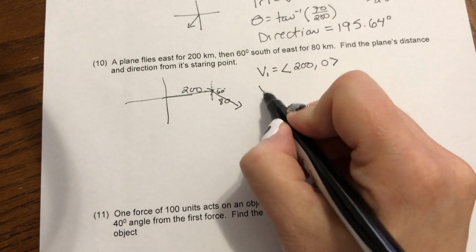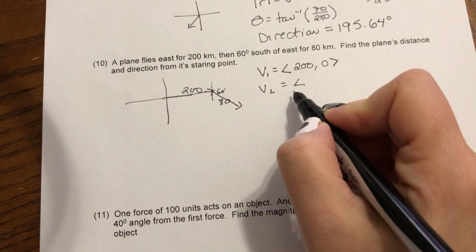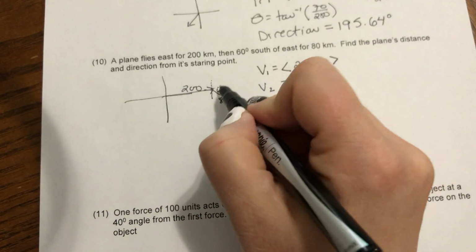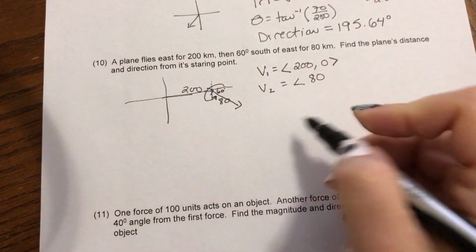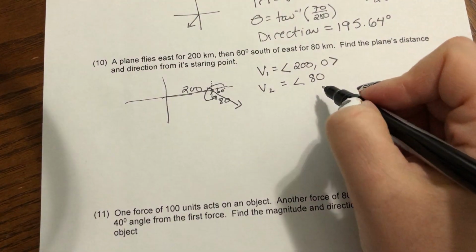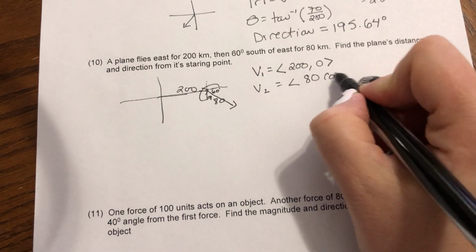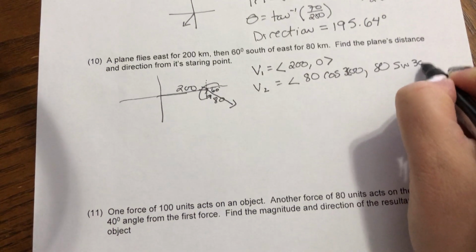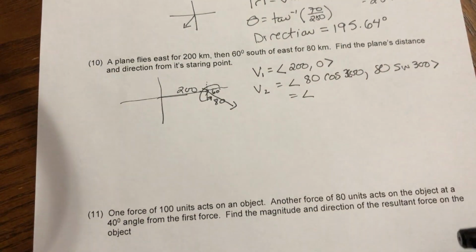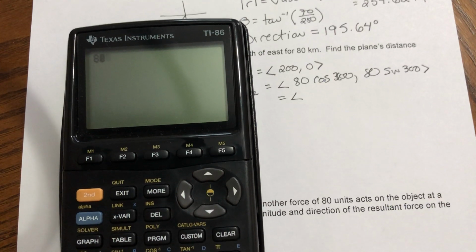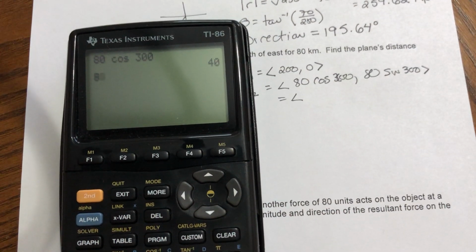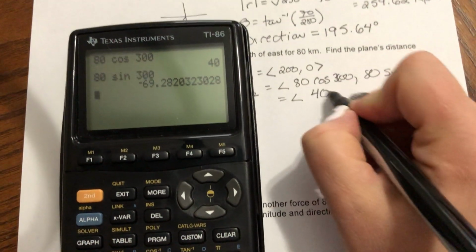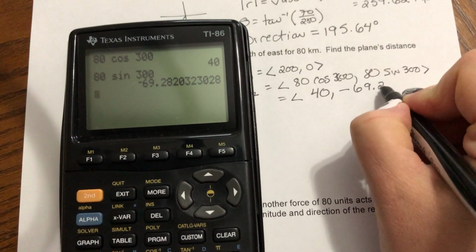But then the second vector, where I have to calculate, that's going to be 80. Well, okay, 60 is the reference angle, so this whole direction is 300, because it's 360 minus 60. So that's 80 cosine 300, 80 sine 300. So 40 and negative 69.28.